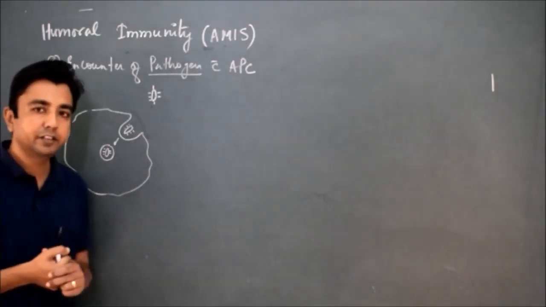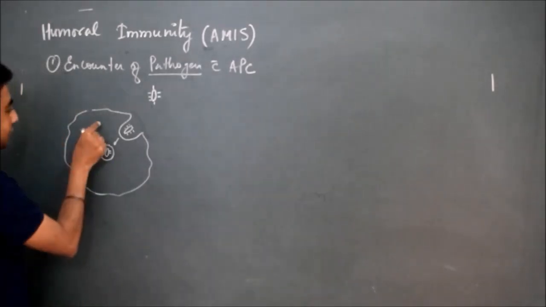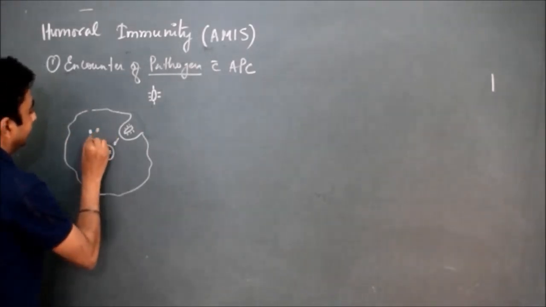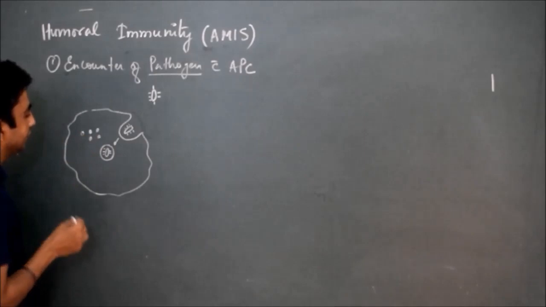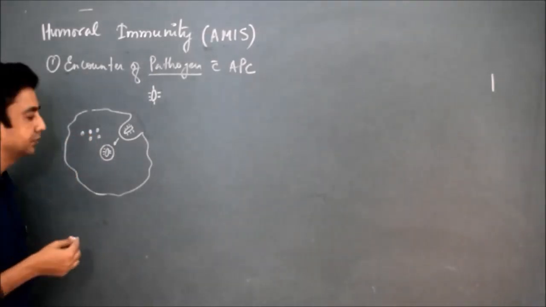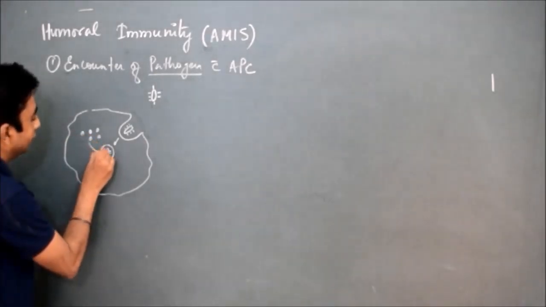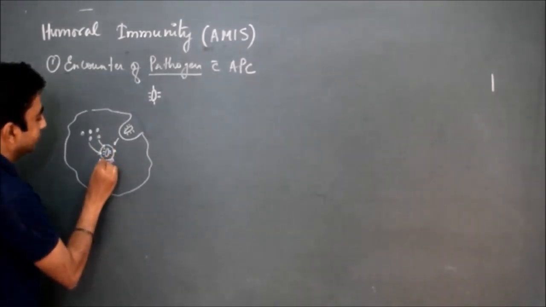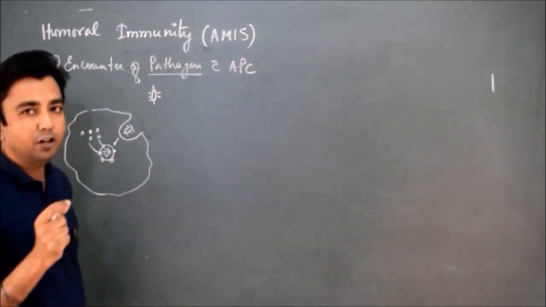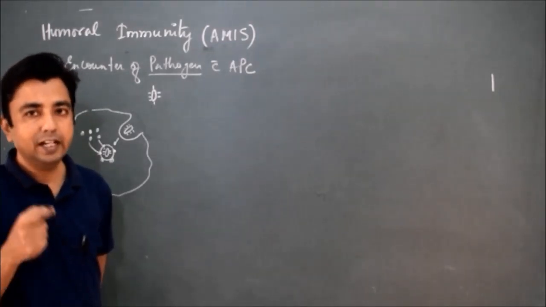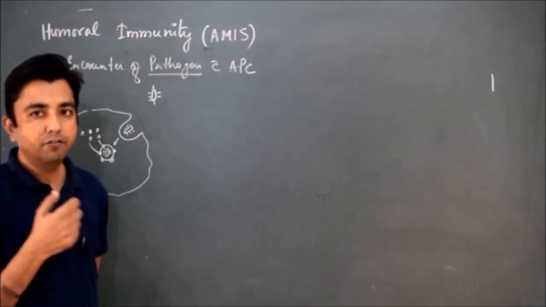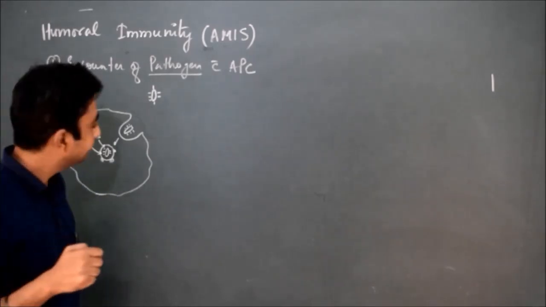and in this macrophage, the cytosol consists of lysosomes. So these are the lysosomes which are present in the cytosol. These lysosomes will attach to this phagosome and form phagolysosome. That we have already seen in the innate immune system, how phagocytosis takes place.